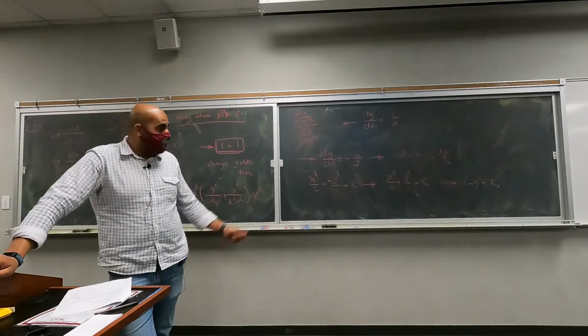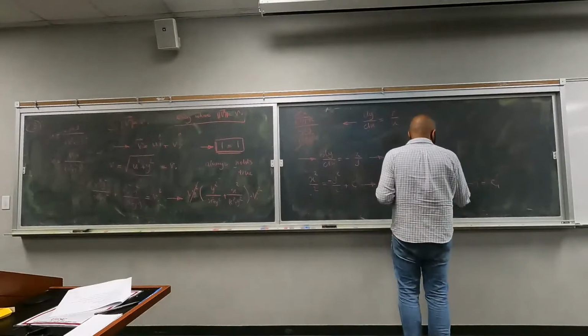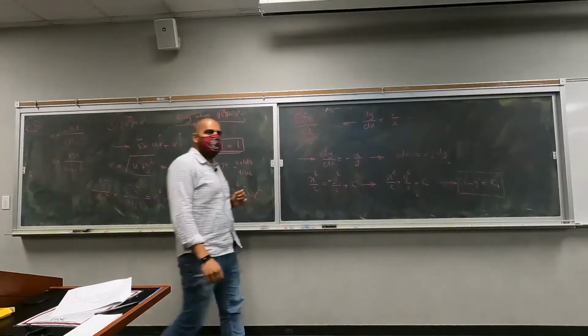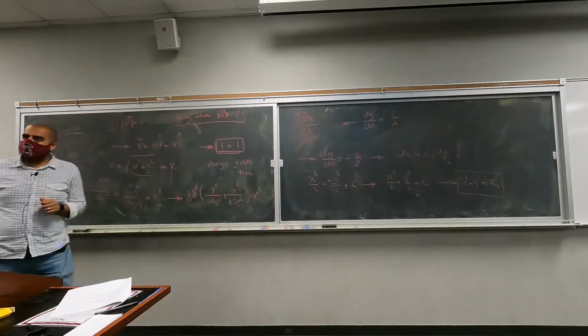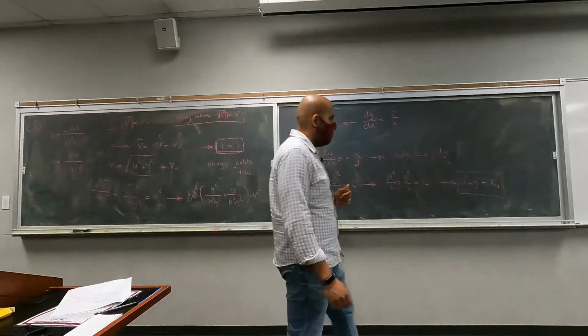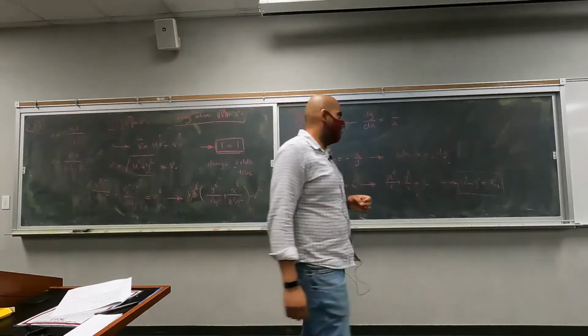Okay, what does this mean for a flow field? This is the equation of the streamline. What can you say about this specific flow field? What does it look like? It is a circle.